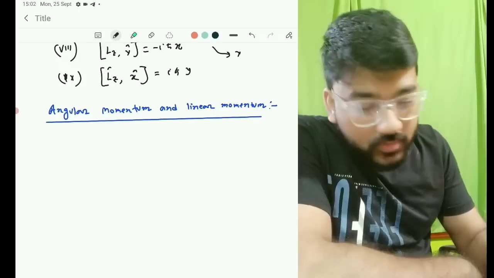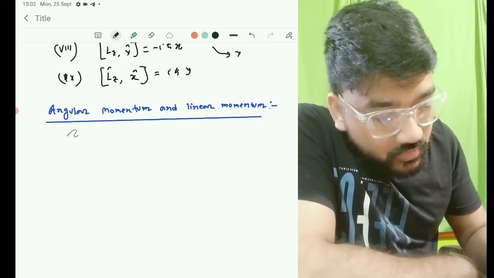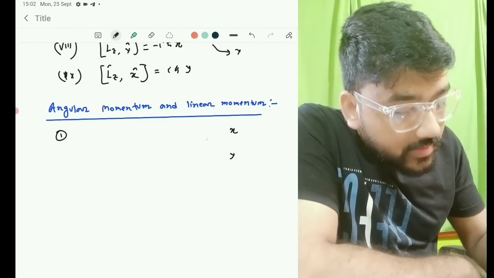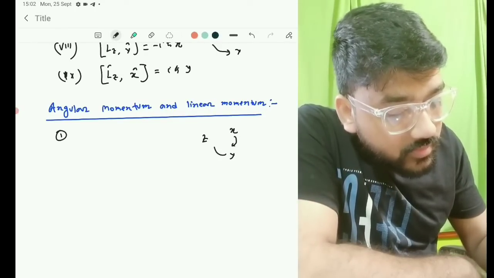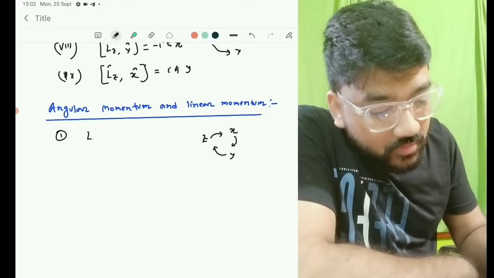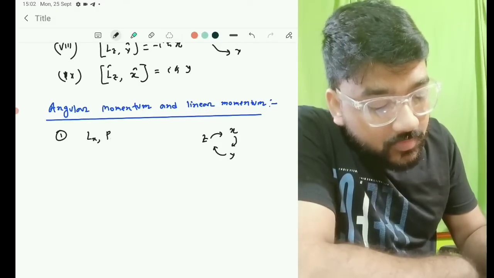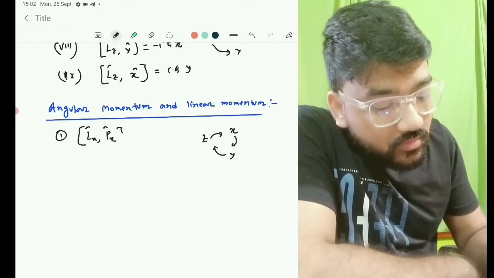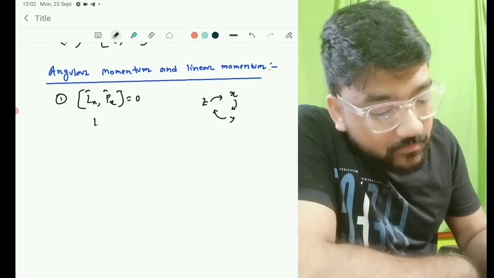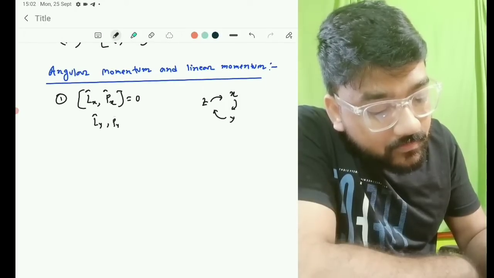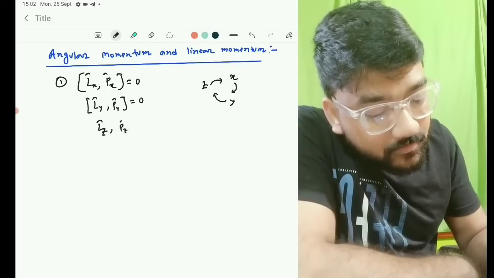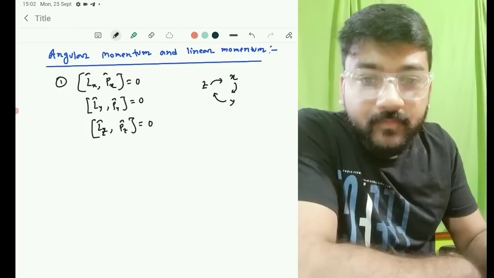Here also the same rule will be followed: x, y, z, and x to y, y to z, and z to x. So first of all, if you have Lx with Px, this will be 0. Similarly, if you have Ly with Py, that will be 0. Similarly, if you have Lz with Pz, that will also be 0.